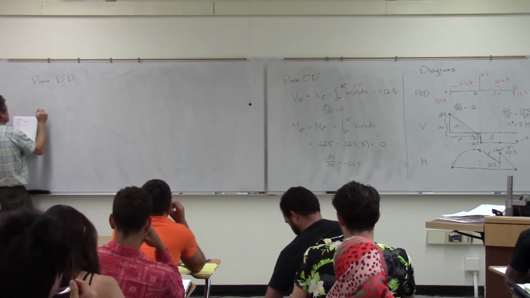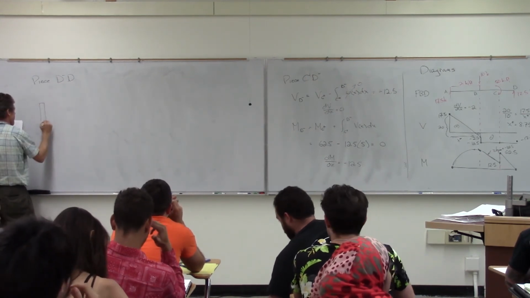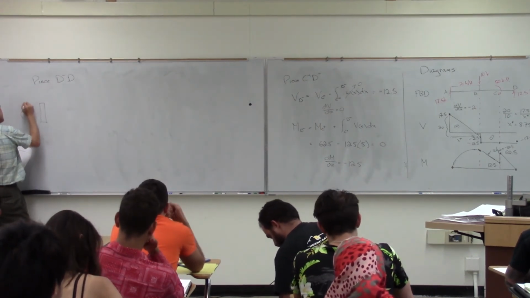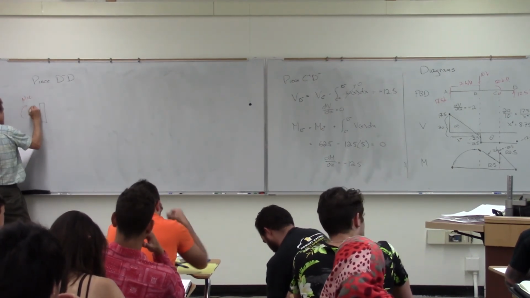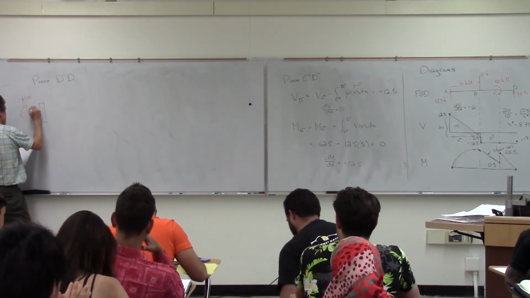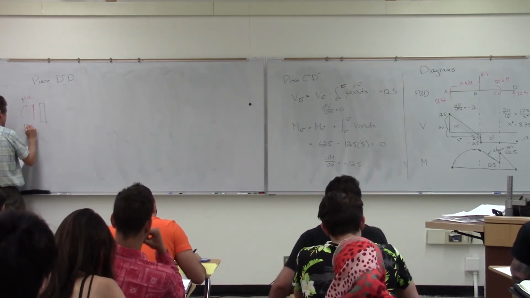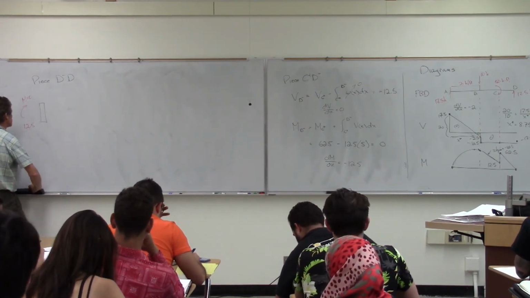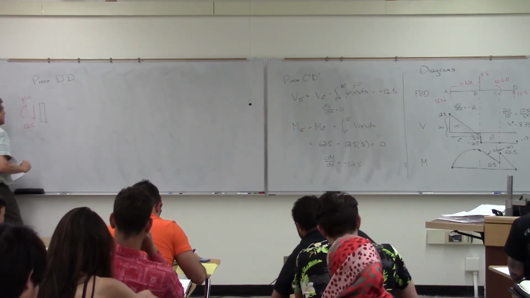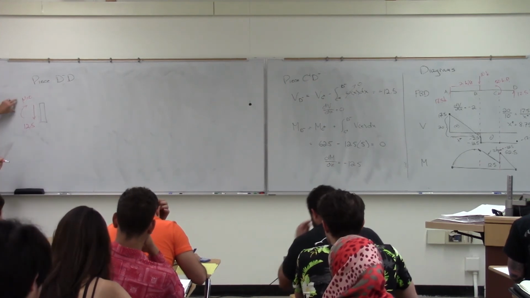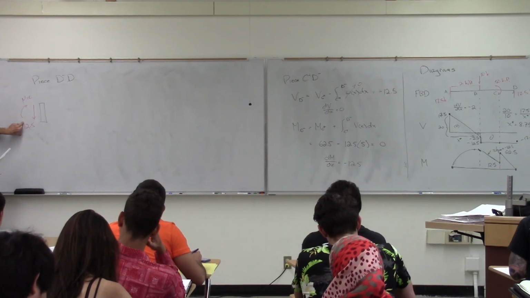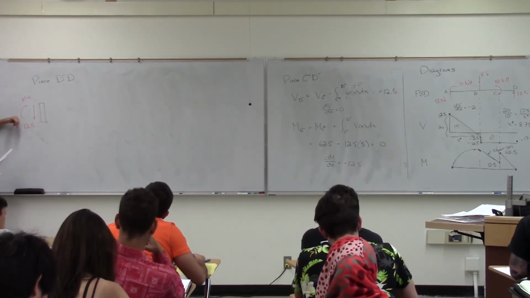So let's just look at piece D. Oops, got the wrong direction. OK, so this is what I just solved for. I said the moment is equal to 0. And my shear at that is equal to 12.5, and it's acting down. It's negative.